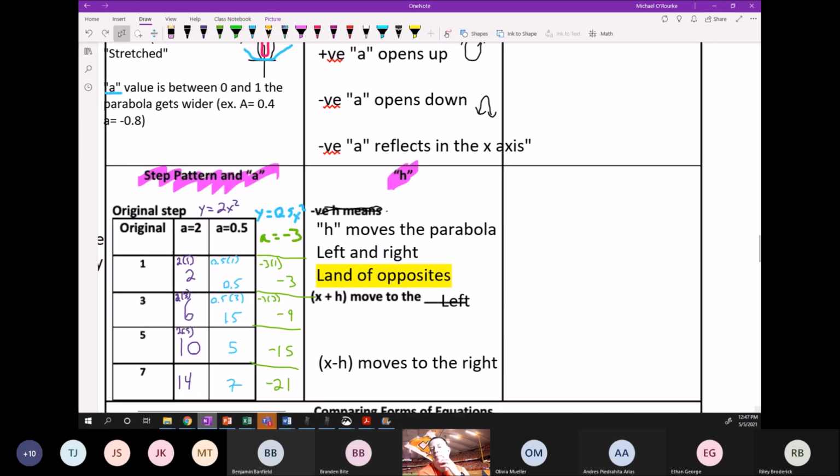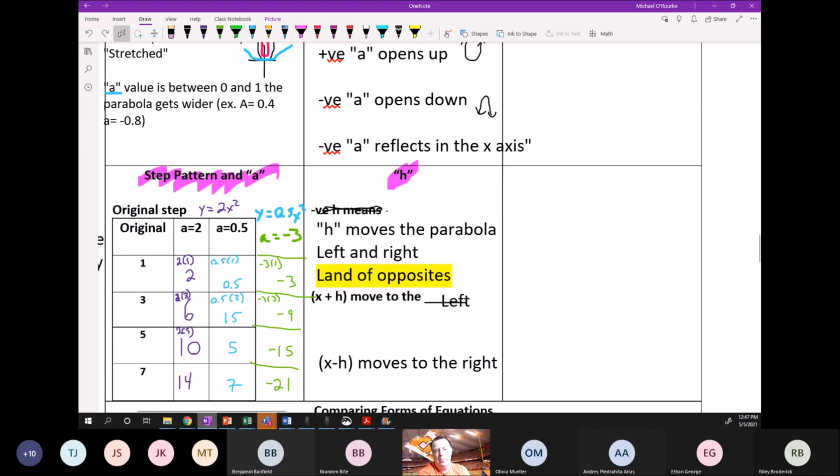Does that make sense to everyone, how I wrote it? Yes or no? Once you're all done writing it, tell me in chat if that makes sense.